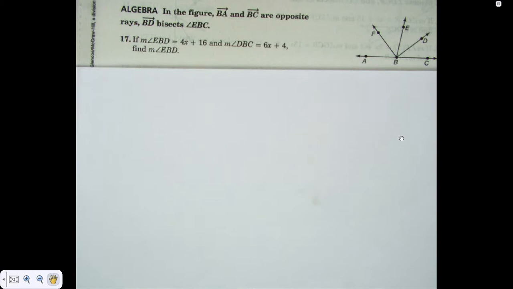A lot of times, guys, you're going to be able to... what class does that look right there? 4x plus 16. Algebra, pre-algebra. Looks like algebra, doesn't it?